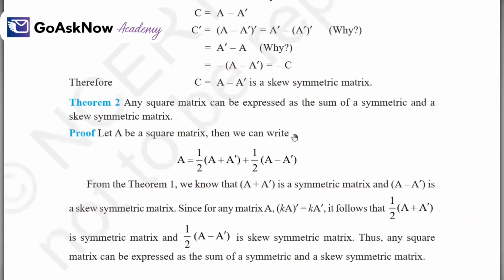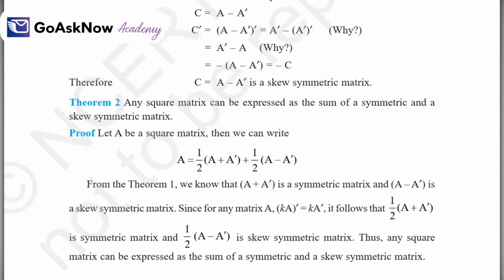Theorem 2 says that any square matrix can be expressed as the sum of a symmetric and a skew symmetric matrix. This is also a very important property because if you have A as a square matrix, then we can write A is equal to half into A plus A dash plus half into A minus A dash. Why? Because you just add them and you will get the matrix A only.